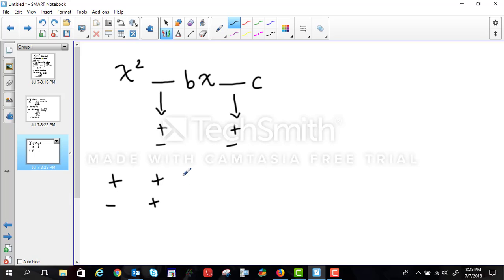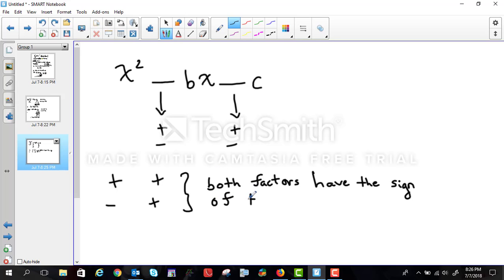That's a possibility. In this case, because it's positive at the end, whatever factors you find have to have the same sign, and they have to have the sign of the middle number, or of b, if you want to keep with what we've been doing.